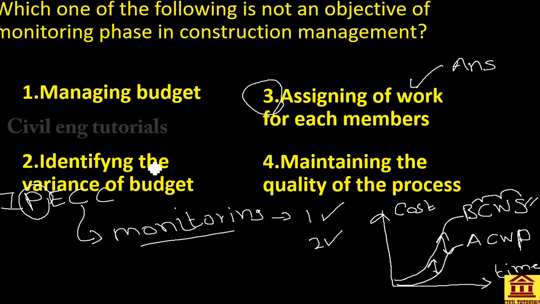In the planning phase, we assign the work to each member and create the work breakdown structure, WBS. So the third one is related to the work breakdown structure, and it is not an objective of the monitoring and controlling phase. Maintaining the quality of the process is also one of the important things in the monitoring phase. So the answer is the third one.